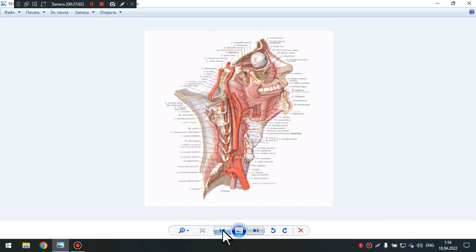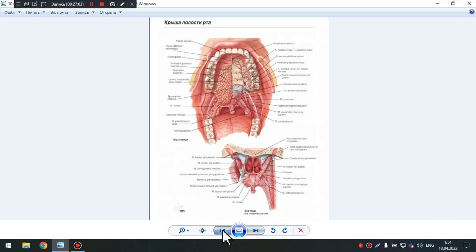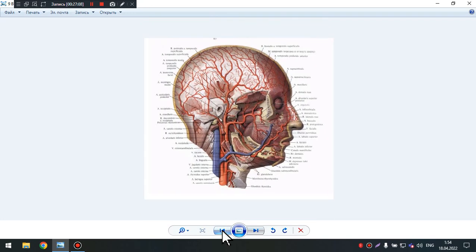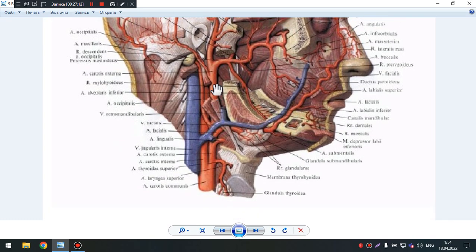There are practical points on the head and neck. We can palpate the pulse on the common carotid artery inside the carotid triangle.